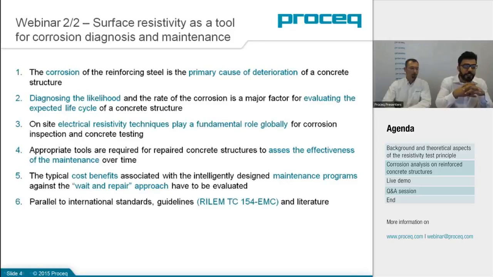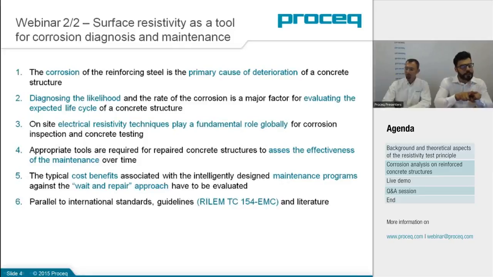In addition, the cost benefits that come with these tools, or with intelligently designed maintenance programs, can be evaluated against a wait-and-repair approach, and from there you can draw a solid conclusion of what to do and how to get the best result out of it.